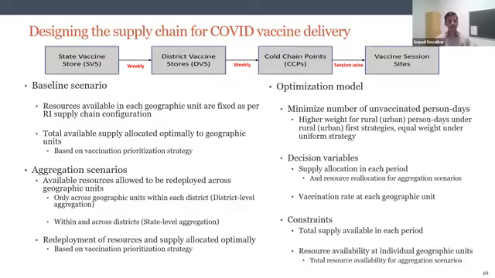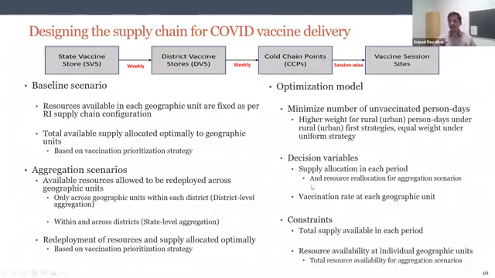Now, in the aggregation scenarios where we allow resources to be moved, an additional decision variable was modeled, which is how these resources get reallocated across different geographic units. So think of it as resources from different cold chain points being moved to other cold chain points depending on the need. And similarly, in the state level aggregation scenario, potentially resources at a district vaccine store being moved to other districts, and resources being moved from cold chain points in one district to cold chain points in other districts.